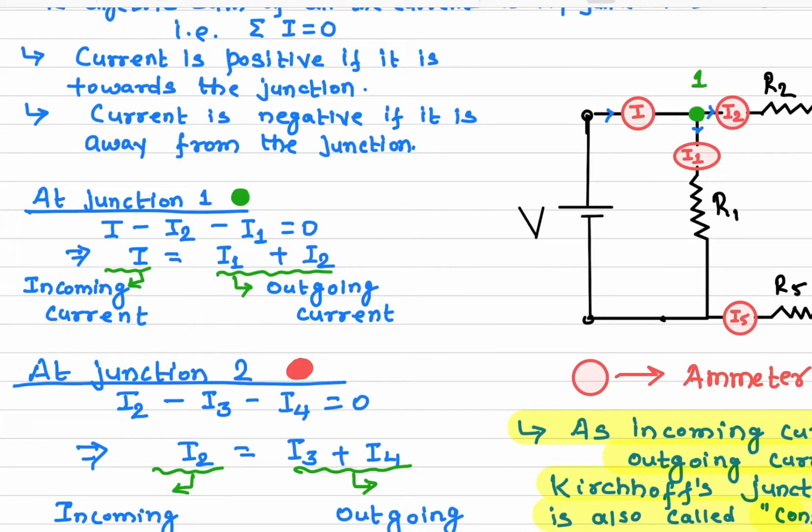And I can also rearrange it: if I take those to the other side, I'll get I1 plus I2. What is I? I is the incoming current. I1 plus I2 are the outgoing currents. So this law becomes even simpler: all the incoming currents have to be equal to the outgoing currents.